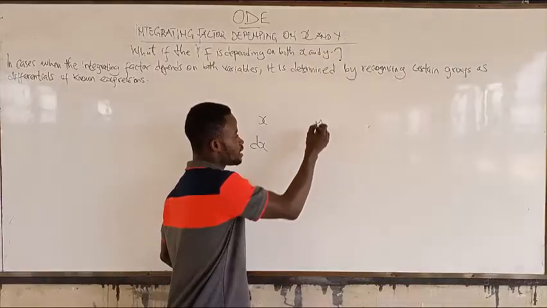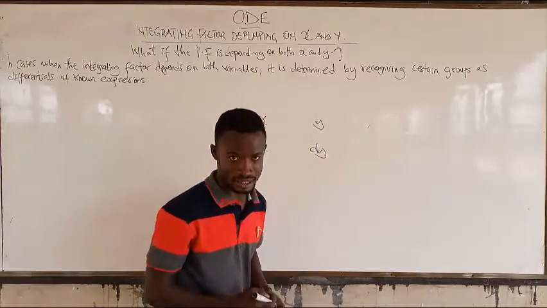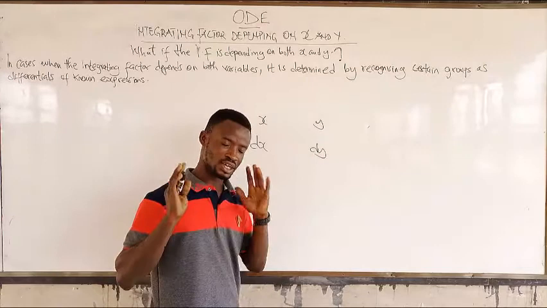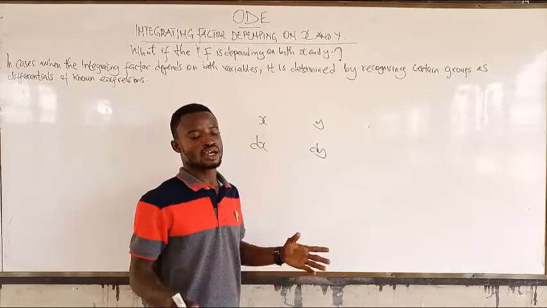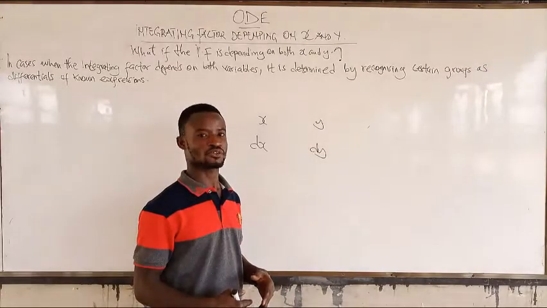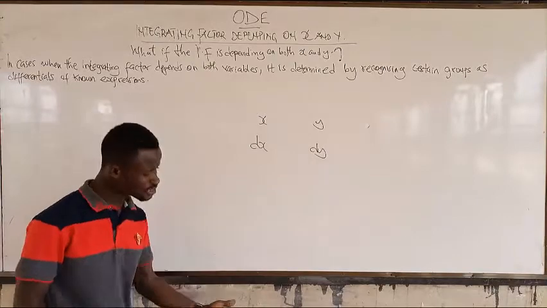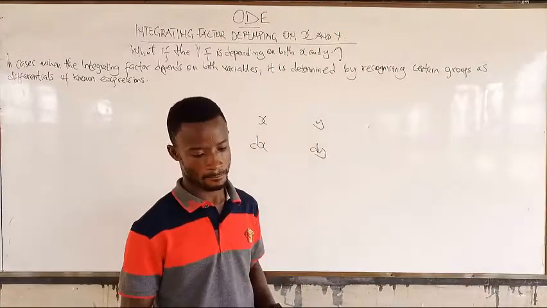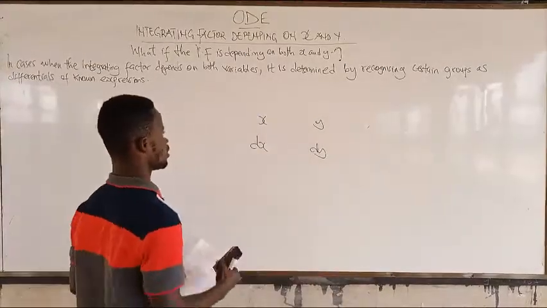If you have y and you want to differentiate, just write dy. Yes, that is the differential form. That is the only thing I want you to be doing here, and the rest is just application of knowledge. So, differentiate x, that is dx. Differentiate y, that is dy. That is all.